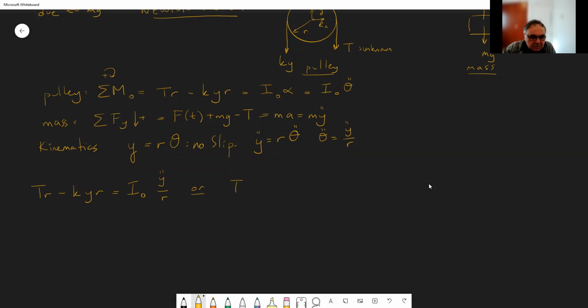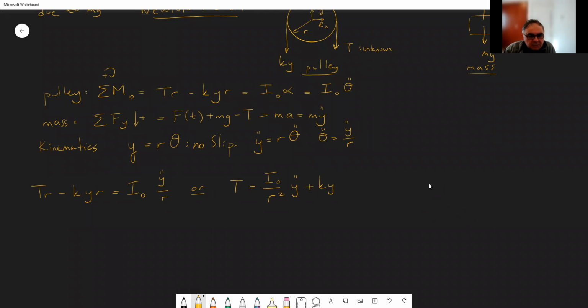Or you can say that T, the tension in the cord, is I naught over R squared y double dot plus K1. Okay, this T was an unknown, but we solved it in terms of y and substitute into the mass equation. So we get what?